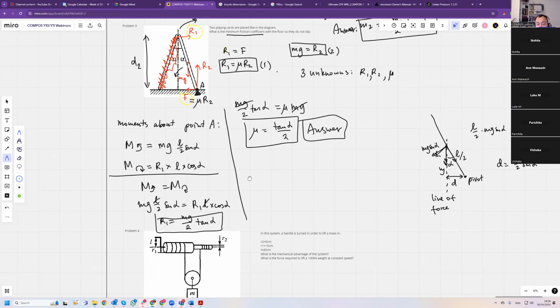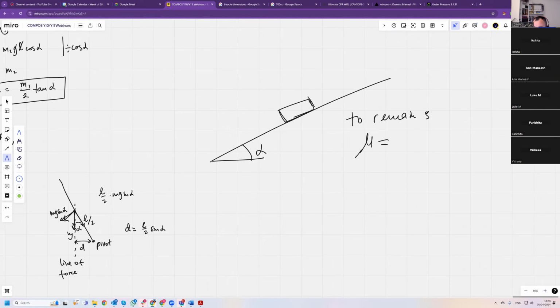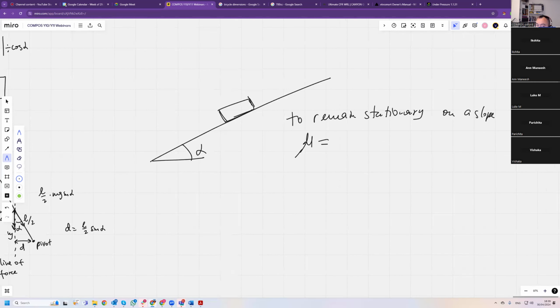That's quite interesting, because if you remember, if you're on a slope, the minimum friction force for you to remain stationary on a slope, do you remember what it is? What is the friction force?